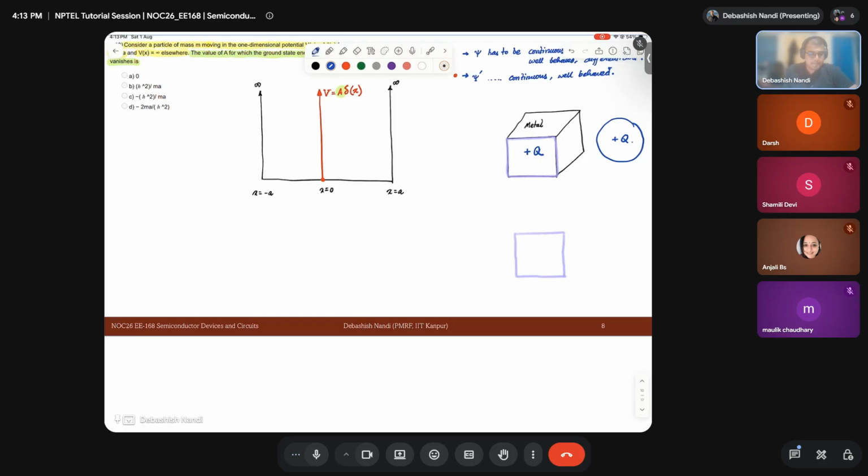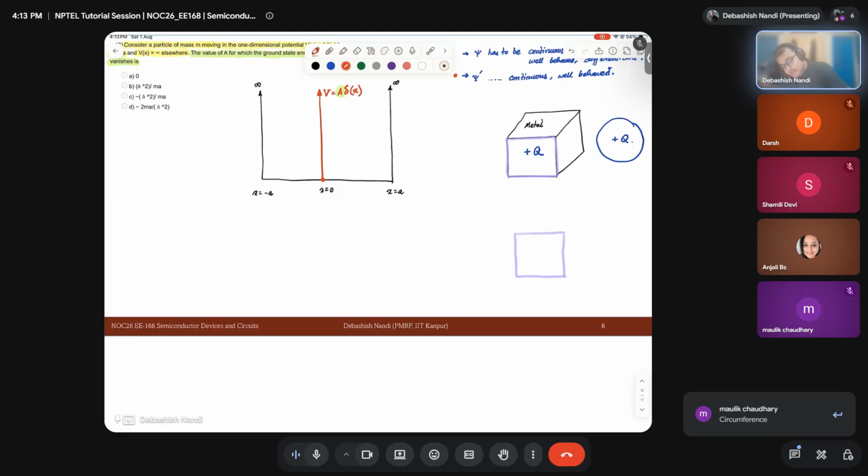Anyone? Will it be distributed across the volume? Can anyone unmute and tell? The outer surface. At the outer surface, right? Yes.